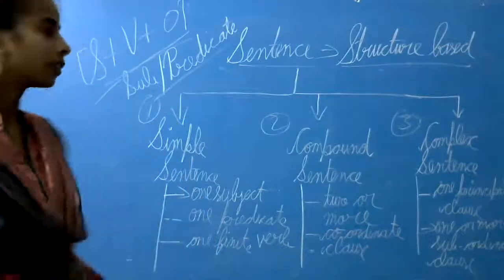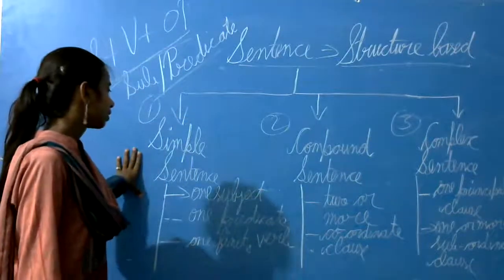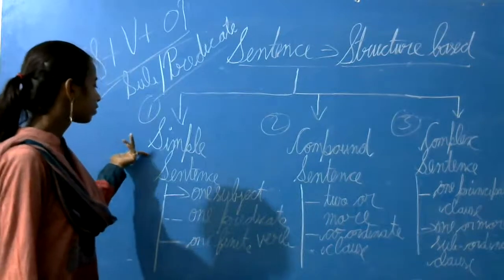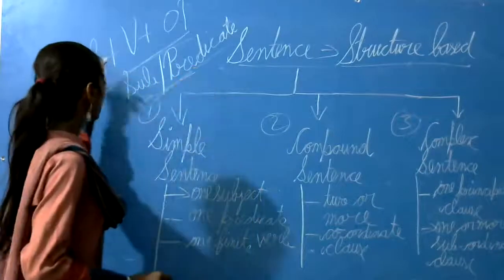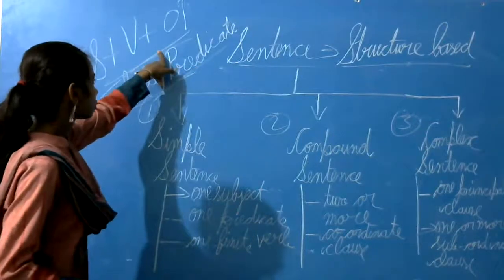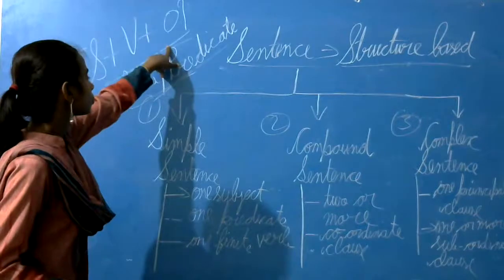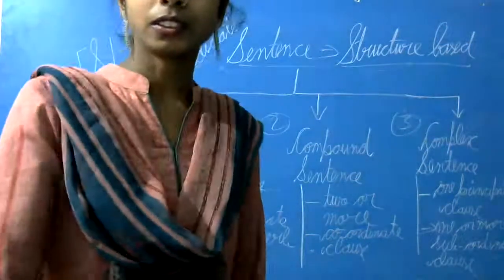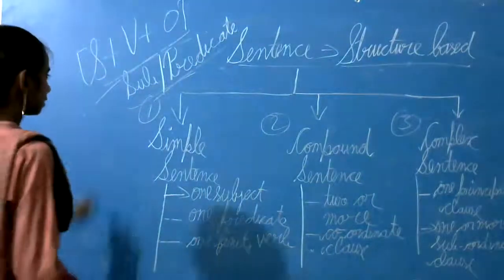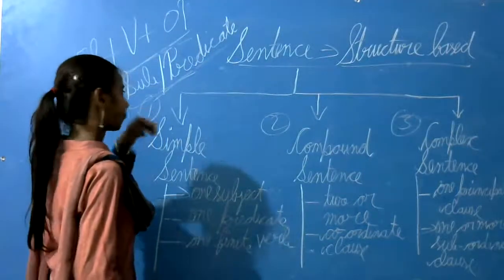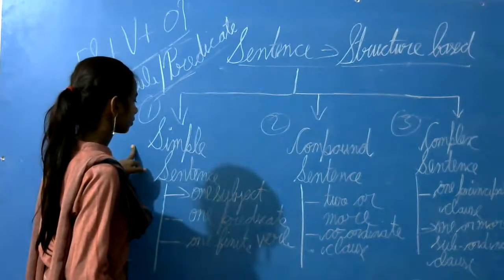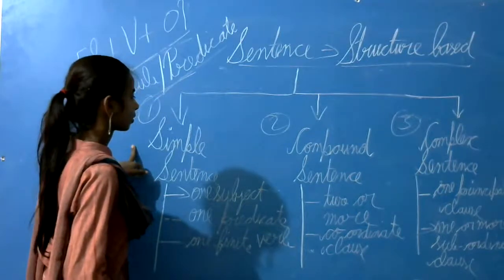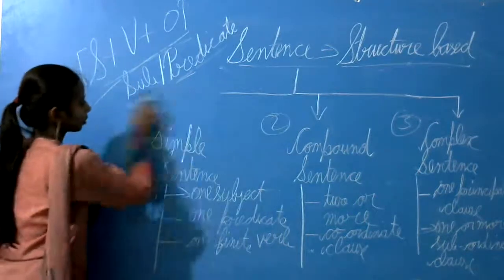Okay, class 7. This is the new topic for you. Simple sentence is not so typical. It is just simple. You know that a sentence has two parts, subject and predicate, and this is the main structure of a sentence. S plus V plus O means subject plus verb plus object. Okay. So I am going to tell you first about simple sentence.